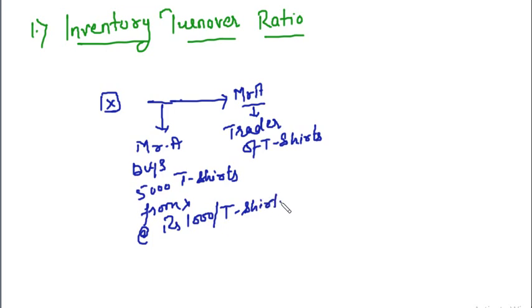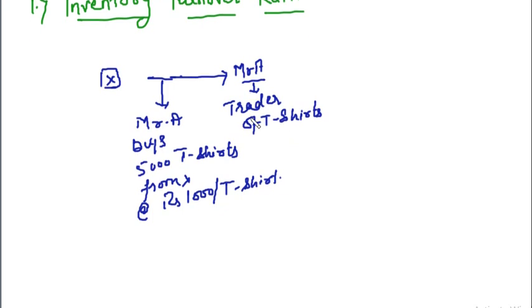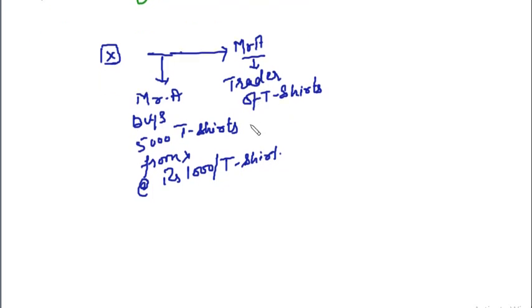Right? Mr. A is a trader of t-shirts, that is, he is buying the ready-made t-shirts from X and he is selling to the various customers. So Mr. A buys 5,000 t-shirts from X at the rate of 1,000 per t-shirt.